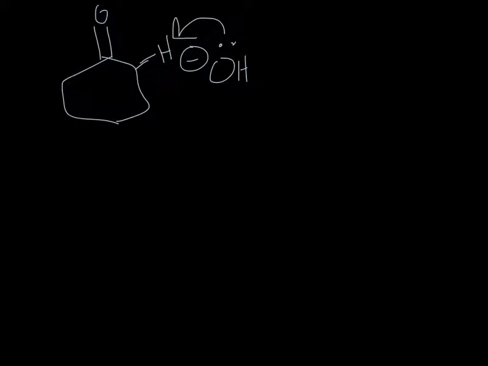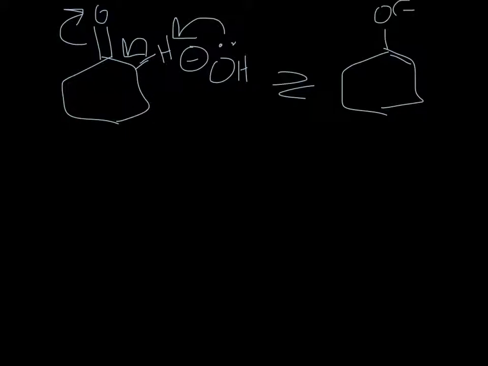Under these basic conditions, I'm just going to draw one of the H's that I want to use here. I've got sodium hydroxide in solution, so that sodium hydroxide can deprotonate. What you'll sometimes see is that it deprotonates and these electrons fold down and these fold up. This is the favored resonance structure, the enolate ion, that I'm going to draw because it is more stable. So that's one way that we can draw that intermediate.